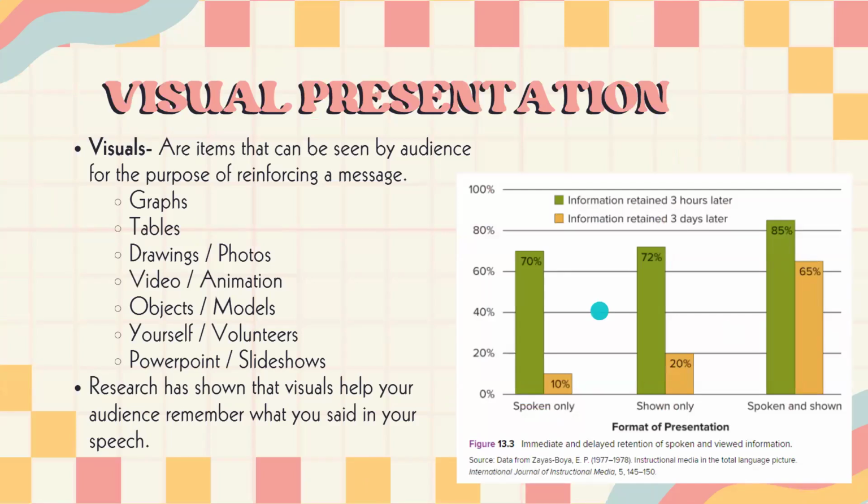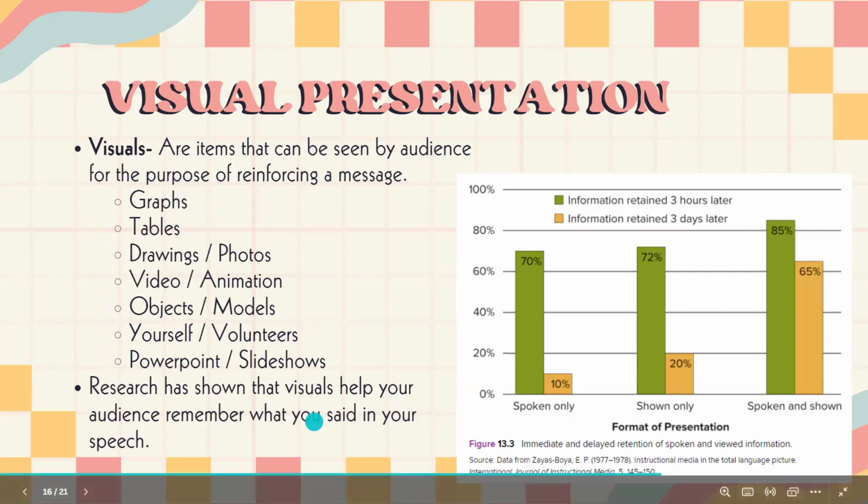So obviously, visuals are items that can be seen by your audience for the purpose of reinforcing a message. This can be graphs, tables, drawings, photos, video, animation, objects, models, yourself, volunteers, and PowerPoint and slideshows.